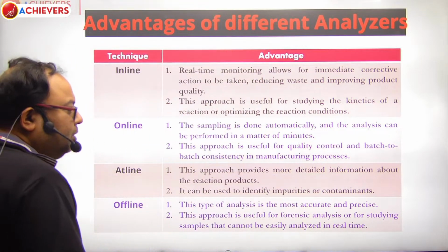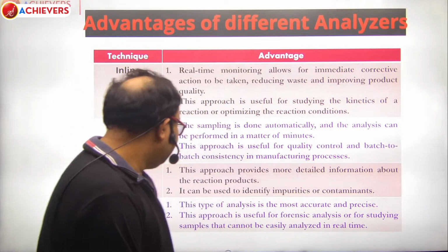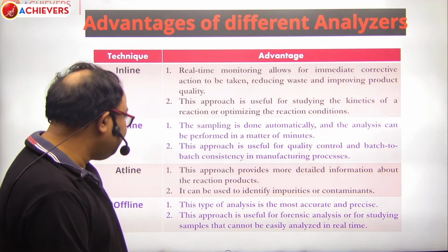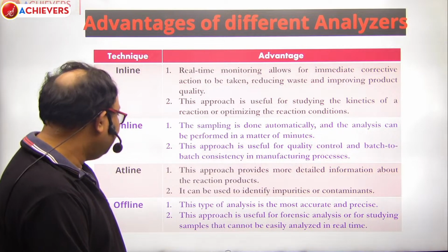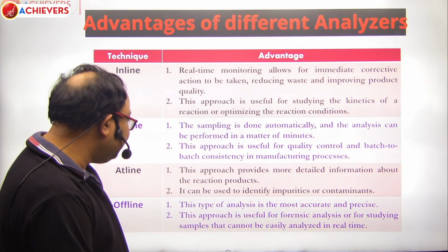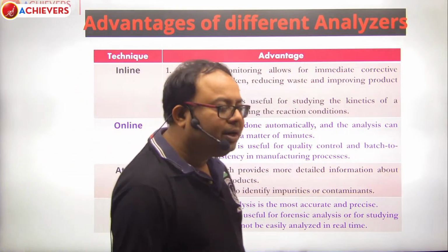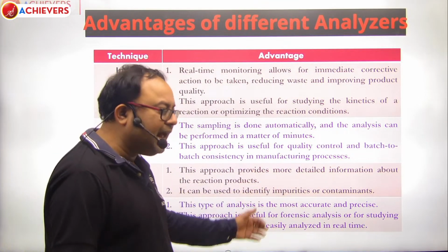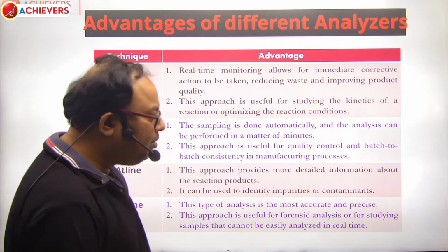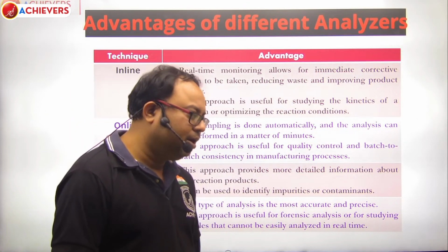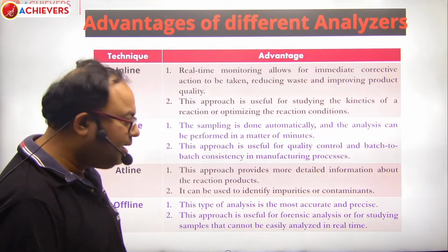Next, we are moving on to at-line analysis. The first advantage is this approach provides more detailed information about the reaction products. It can be used to identify impurities or contaminants. It's more accurate. So you have these advantages. Now, next, let us move on to the final, offline analysis.